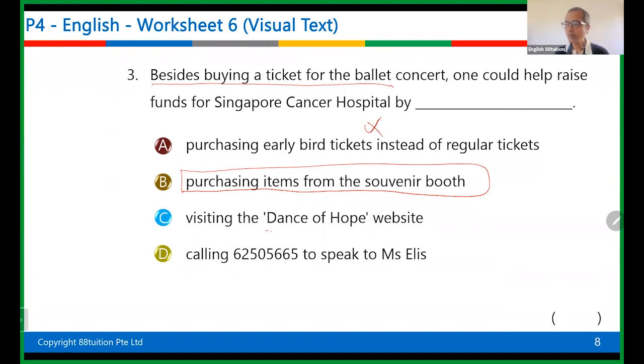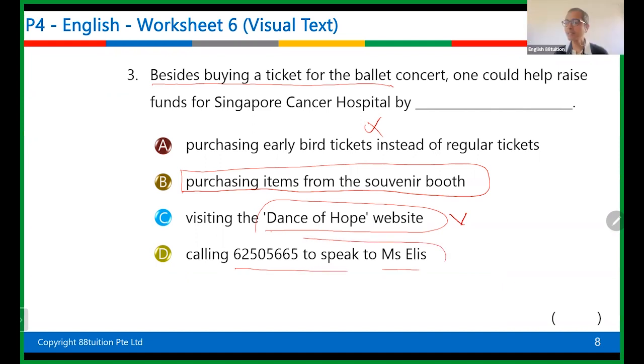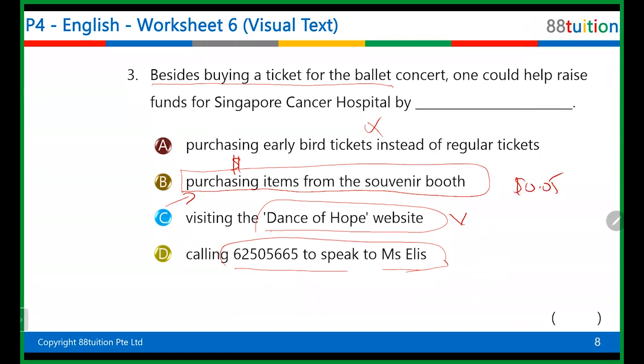Is visiting the Dance of Hope website how you can raise funds? No, it's buying a ticket. Calling to speak to Miss Alice, is that how you raise funds? No, that's an inquiry. Raising funds means buying, right? And if you give 5 cents, are you raising funds? Yes, but little funds. Okay, so B.